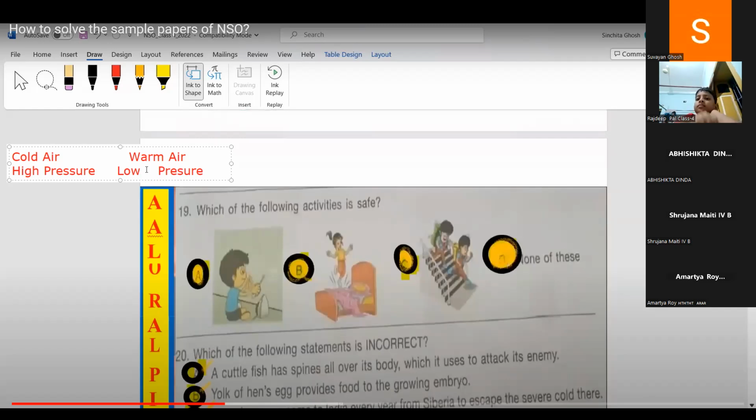Ma'am, the air will move from low pressure to high pressure, means warm air to cold air. Is it clear, Omoto? Always remember the air goes from the low pressure to the high pressure.